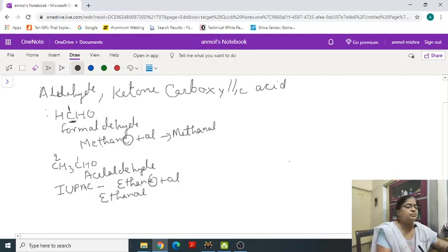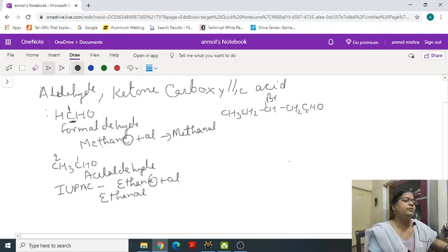Similarly, one more compound you can write down. In addition to aldehyde group, Br is also present here. So, its naming will be 1, 2, 3, 4, 5.